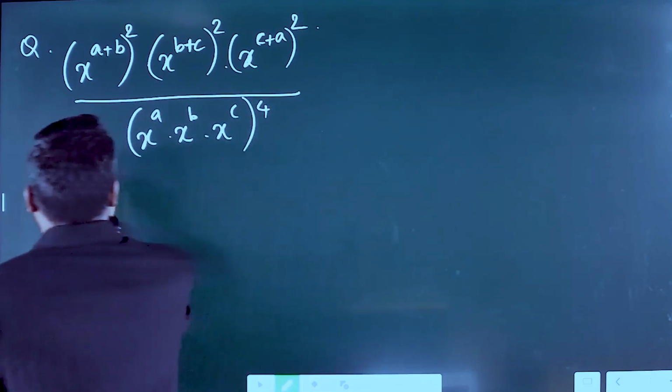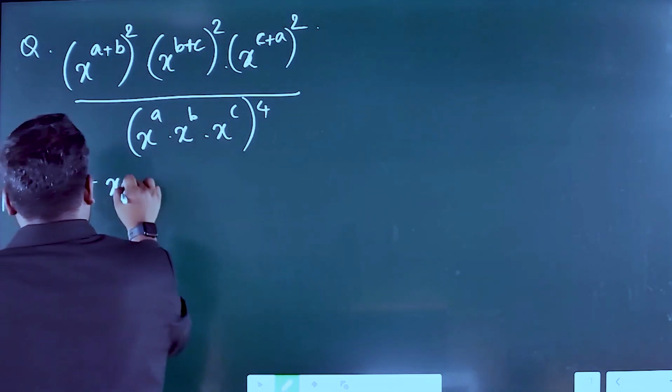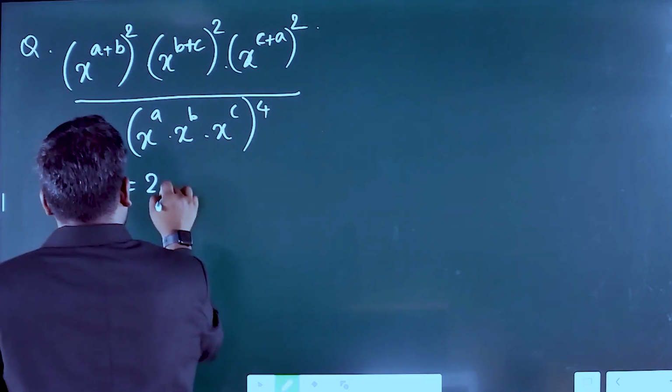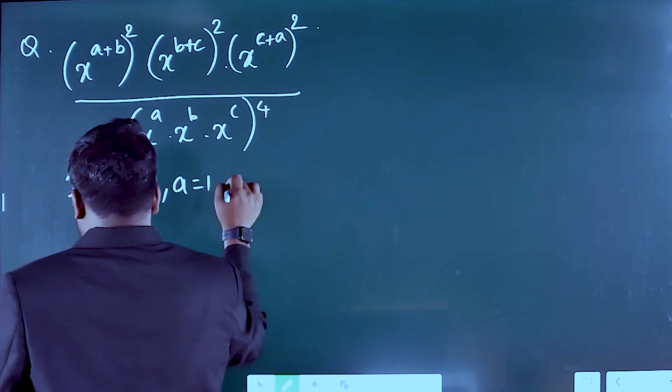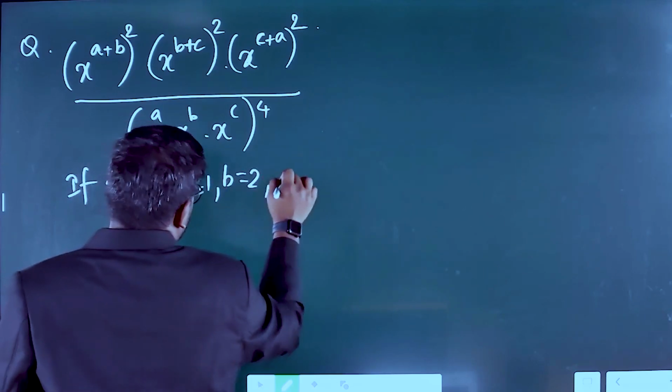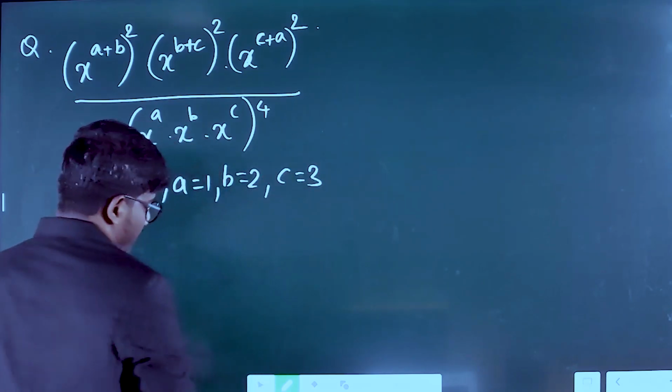If x is equal to 2, a is equal to 1, b is equal to 2 and c is equal to 3.